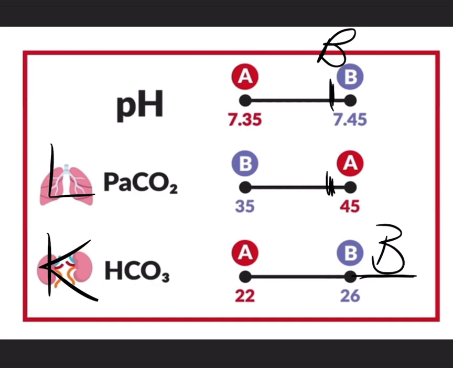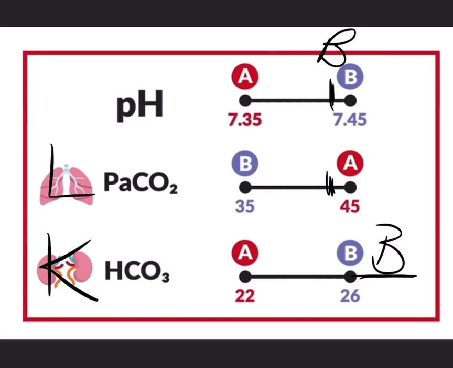Okay, awesome. Then there comes that tricky part. Step number 3, is it compensated, uncompensated, or partially compensated? The first thing we need to do is look at that pH. Is that pH within normal limits? Taking a look at the number line, yes, it is within normal limits.